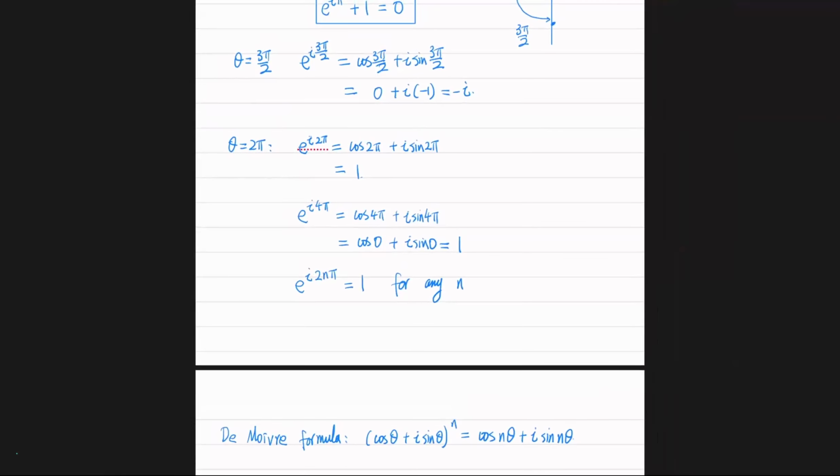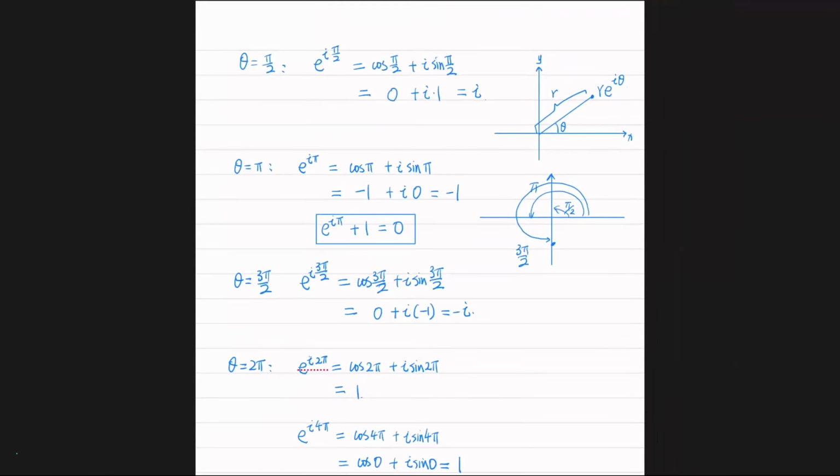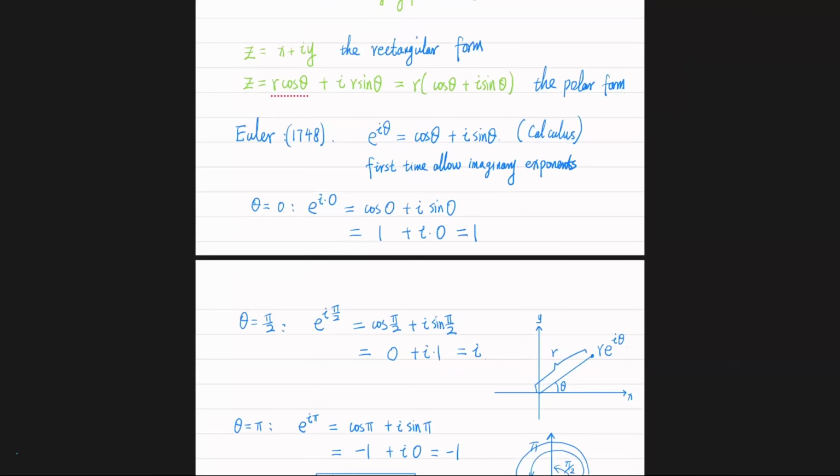Okay, so this formula is from 1730. Euler's formula came 18 years later after this one.